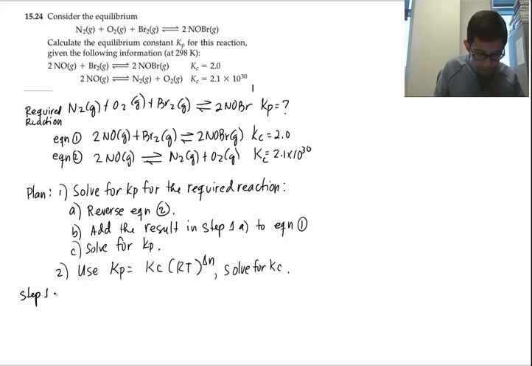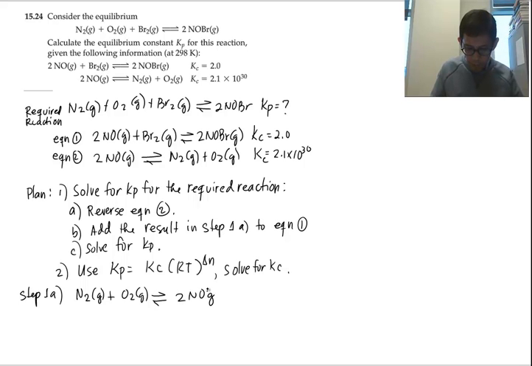Step 1a, reverse equation 2. So when we reverse equation 2, it becomes N2 gas plus O2 gas produces 2NO gas. The resulting Kc, since we reversed it, would be the reciprocal of the forward Kc.